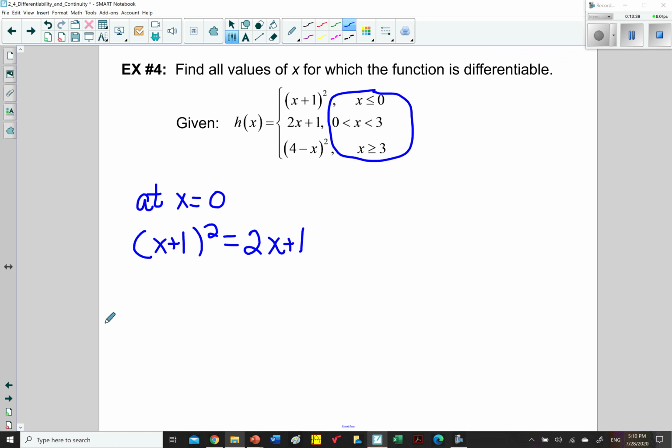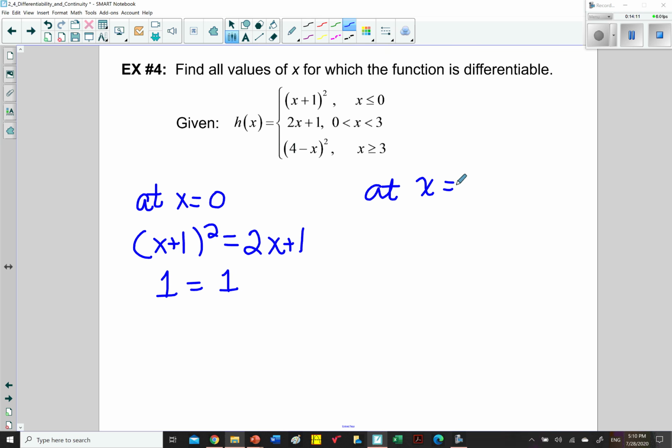So I've got to check to see, first of all, if they're continuous. At x equals 0, you've got 1 squared, and 2 times 0 plus 1 is 1, so they're matching up there. But at 3, what's happening here?